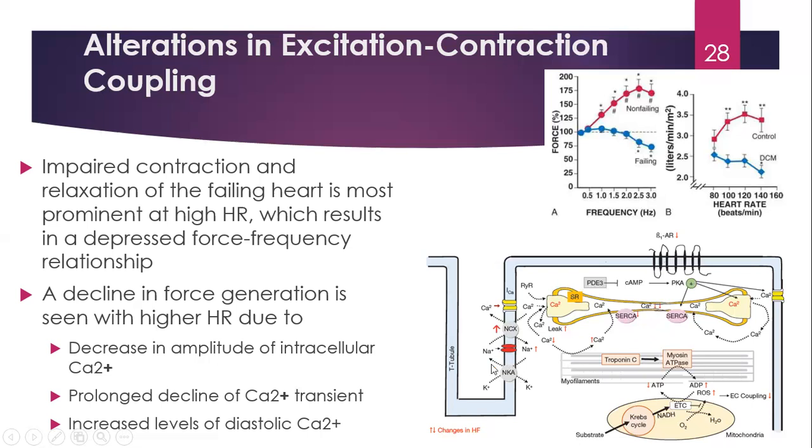And also, because of the reduced or inefficient energy production by the heart, your sodium-potassium ATPase pump is affected. And when it is affected, your intracellular sodium is increased, which has deleterious effects.